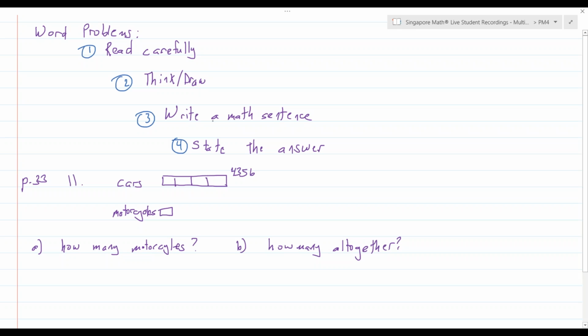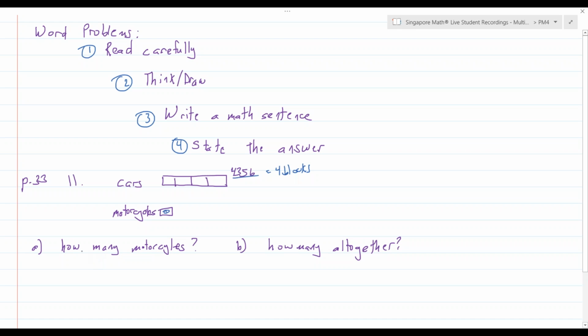Well, so I read it, and as I was reading it, I drew the picture that you see. And then I need to make a math sentence for how many motorcycles there are. Well, motorcycles represent one block. 4,356 represents 4 blocks.